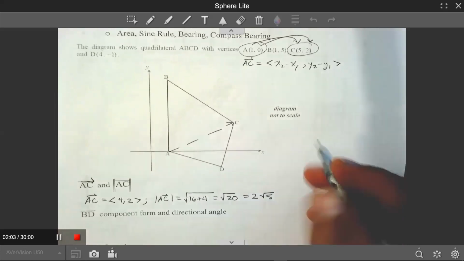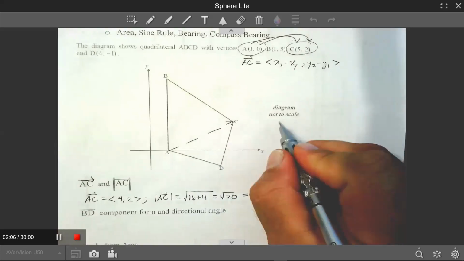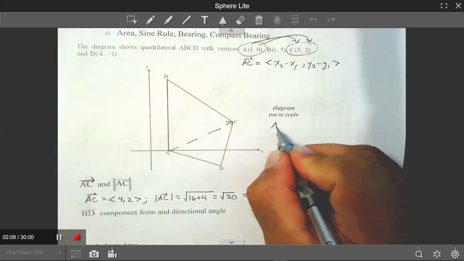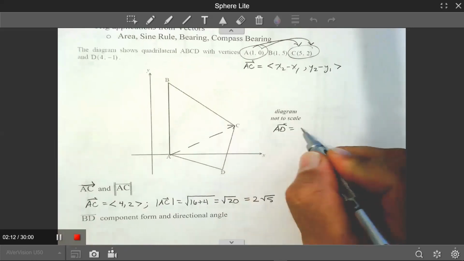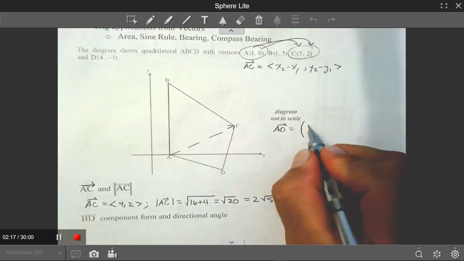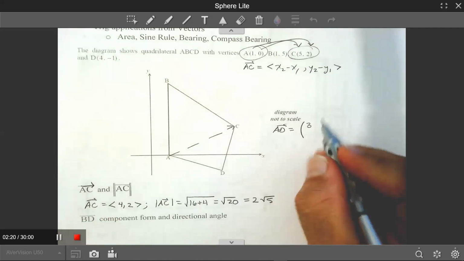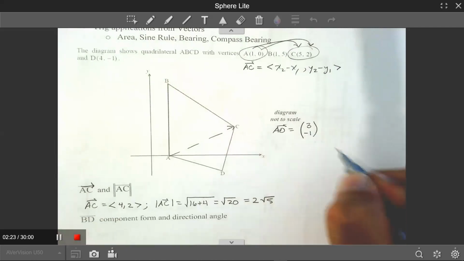If we wanted to, we could do this for other vectors as well. From A to D, I could write that going from point A to point D is move 3 in the positive x direction and move 1 in the negative y direction.